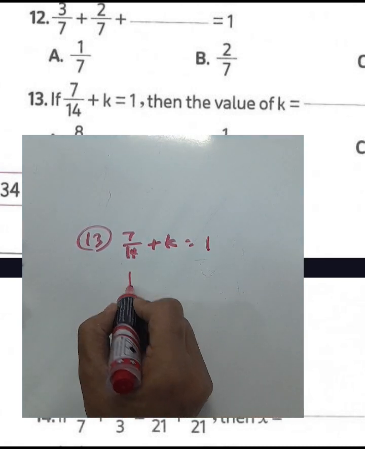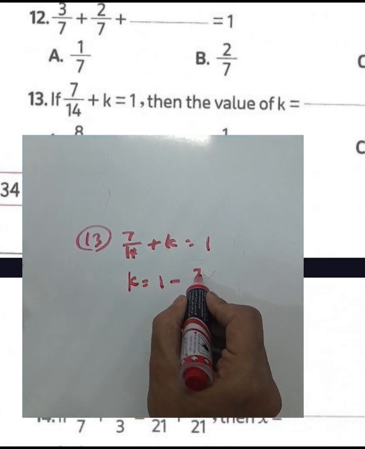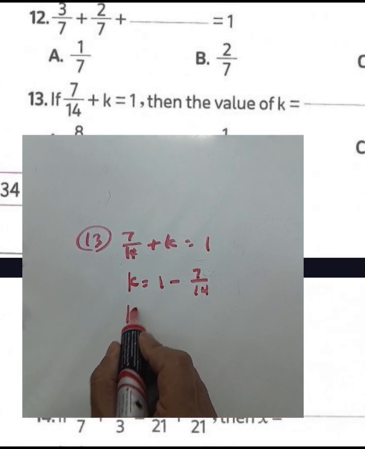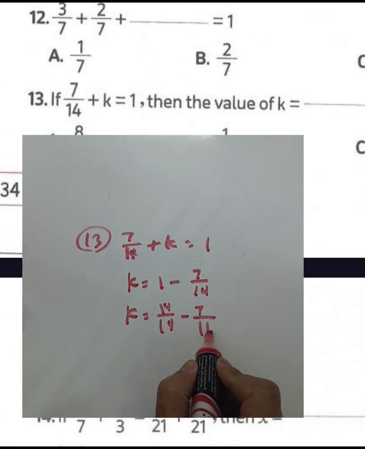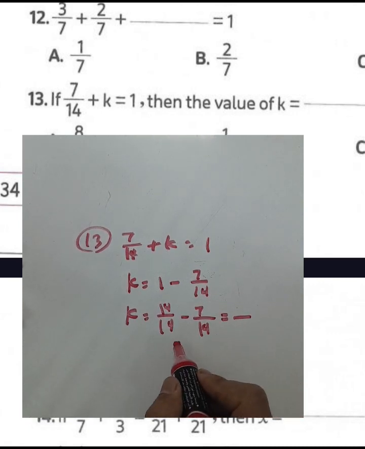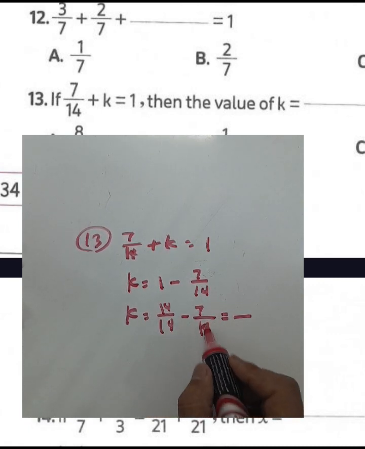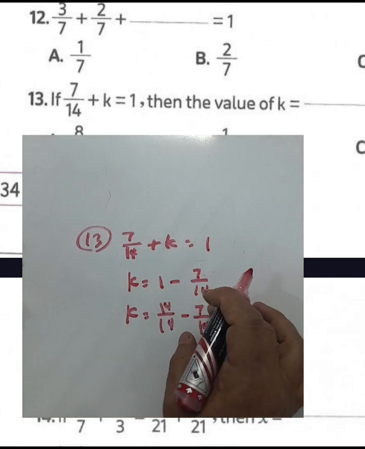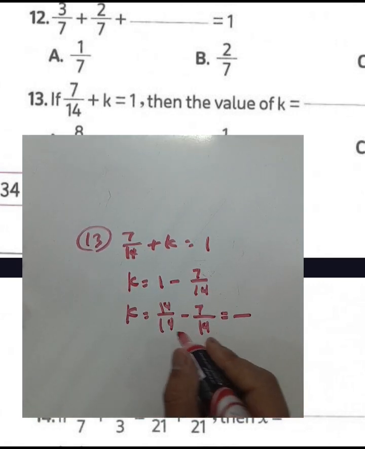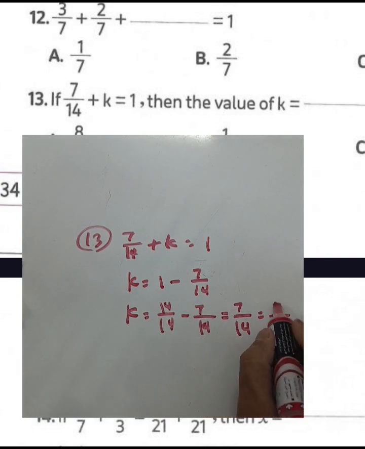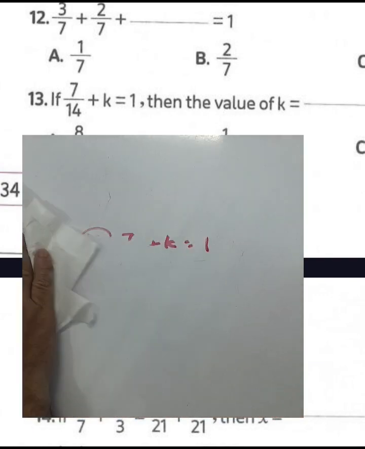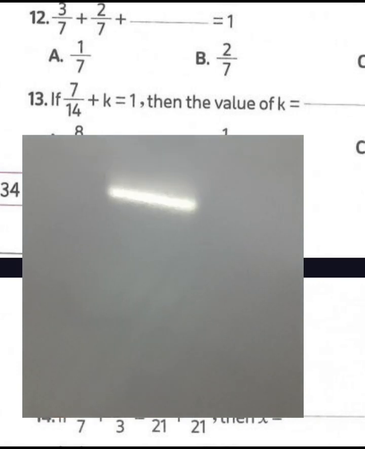Then k will be equal to 1 subtracted by 7 over 14. k equals 14 over 14 subtracted by 7 over 14. Okay, 7 over 14 is a half. 1 subtracted by half equals half. Or you can write 14 in the denominator. 14 minus 7 equals 7. 7 over 14 will be 1 over 2. And the value of k here will be 1 over 2. It will be half.